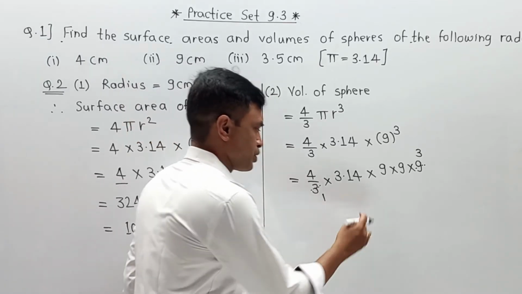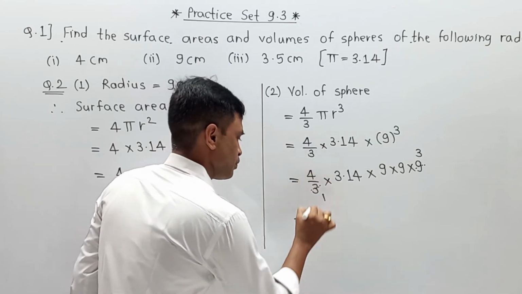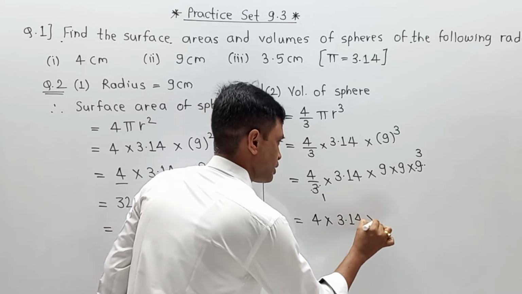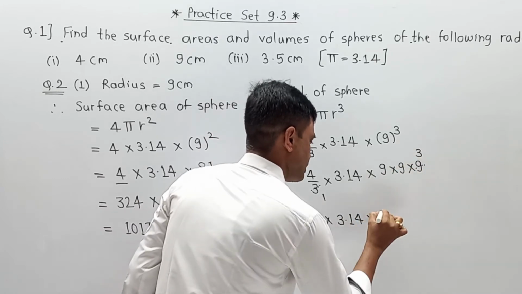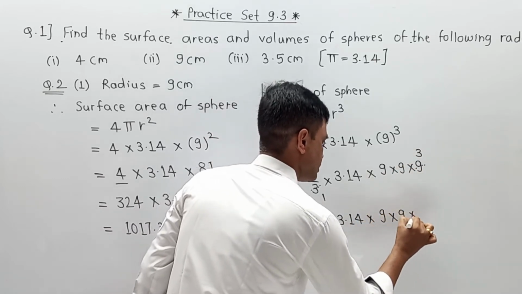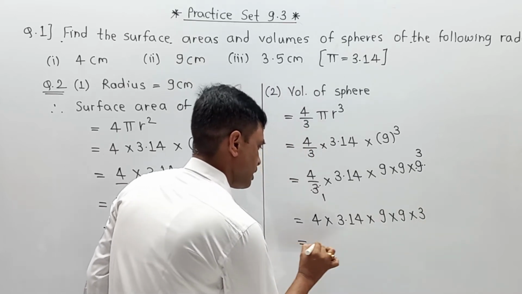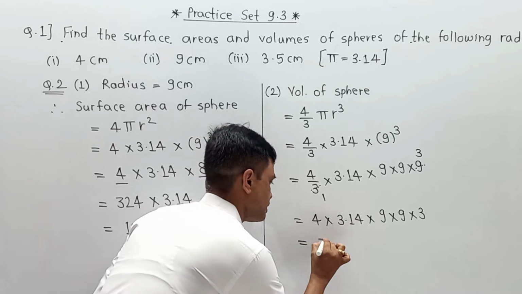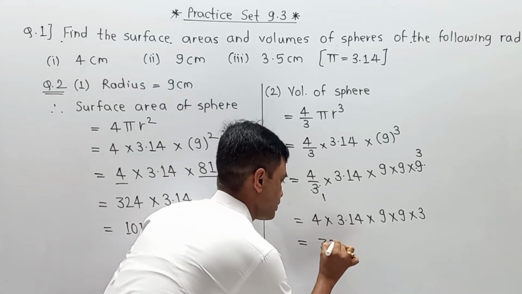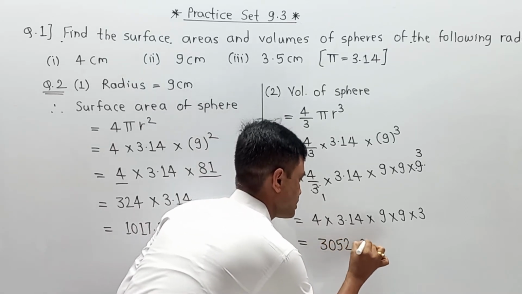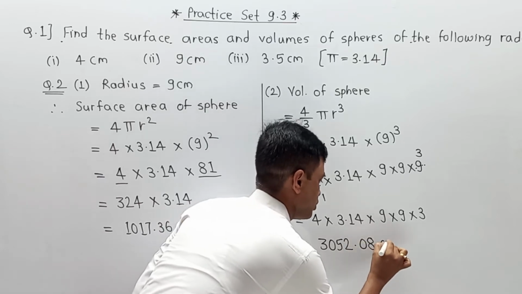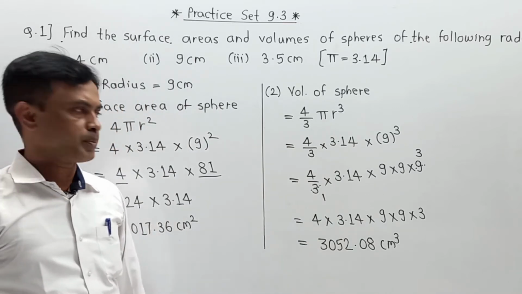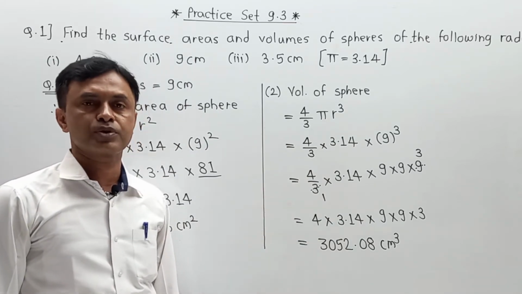So this evaluation becomes 4 into 3.14 into 9 into 9 into 3, and this total product becomes 52.08 cubic centimeter. And this is your final answer. Please do the needful calculation and observe it carefully.